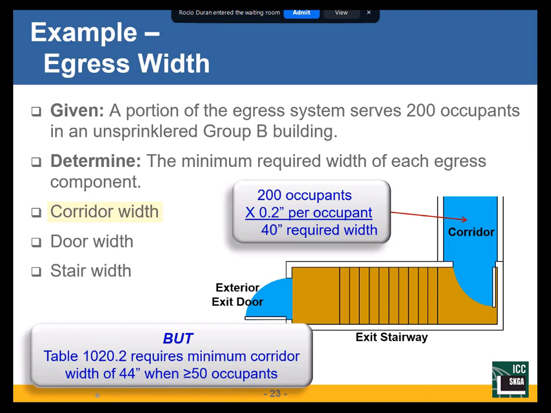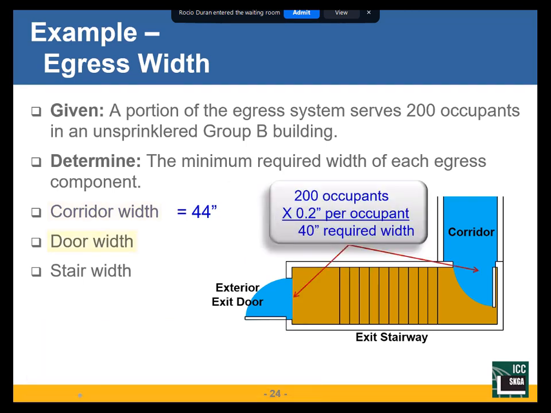However, there's another requirement that says when it serves 50 or more people, it has to be a minimum of 44. So it can't be 40. It's got to be 44. I have to comply with both requirements. This is one of the reasons why, when you ignore the net or gross, you're probably going to comply, because there are minimums that apply to the corridor and also to the exit doors.